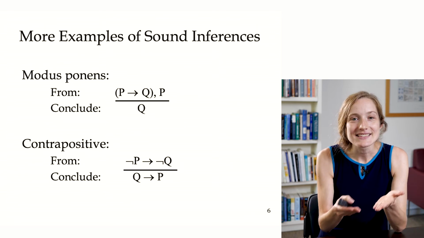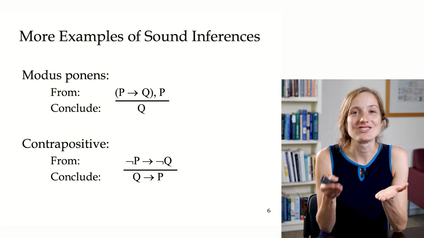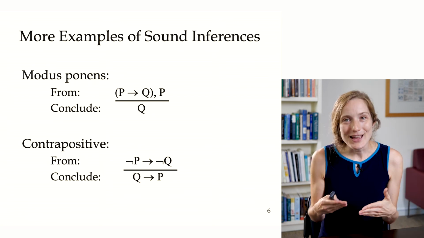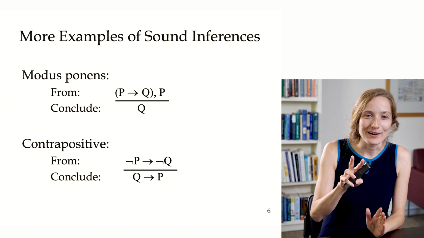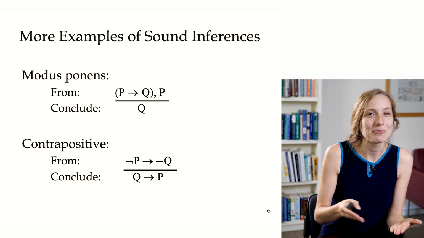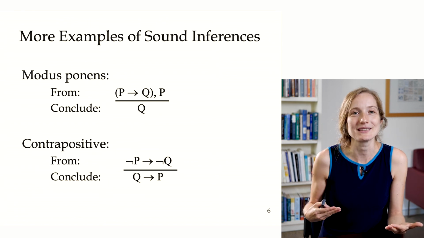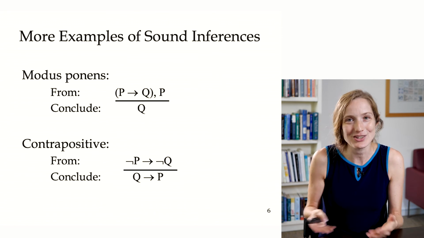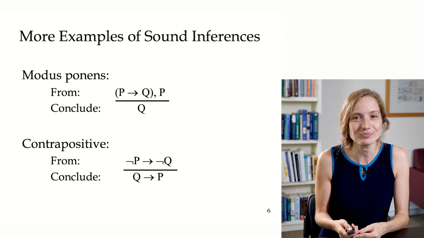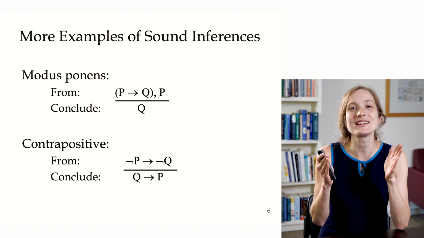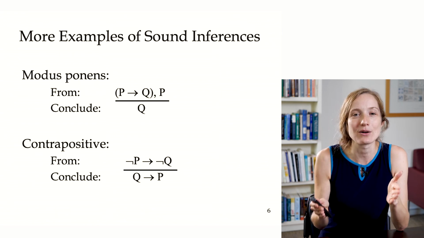If it's the case that not P implies not Q, then Q implies P. And note here, by the way, previously we wrote not Q implies not P versus P implies Q, but here we're just changing the letters. There's nothing fundamental there. Both of these are examples of sound inference rules.